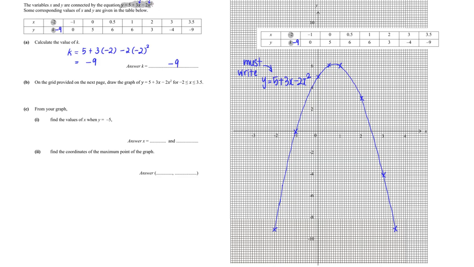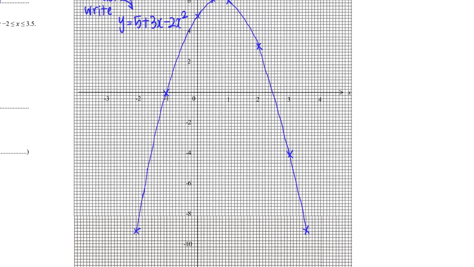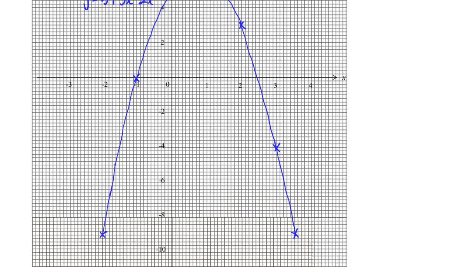Part C requires us to find the values of x when y equals -5 from your graph. So this is something that is important. We must show that we are really getting the answers from the graph.